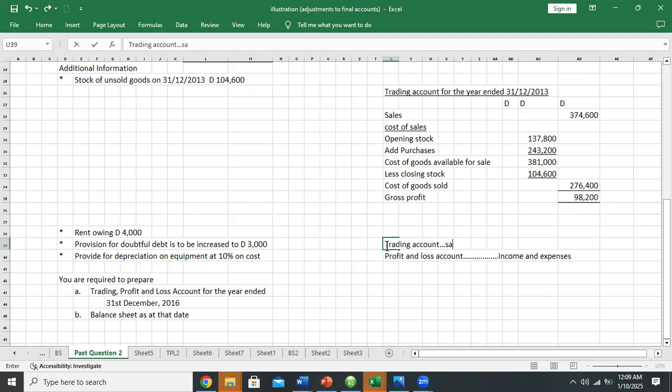Your sales, your return inwards, your stock, that's opening stock, purchases, return outwards, carriage inwards, then closing stock, and finally wages.